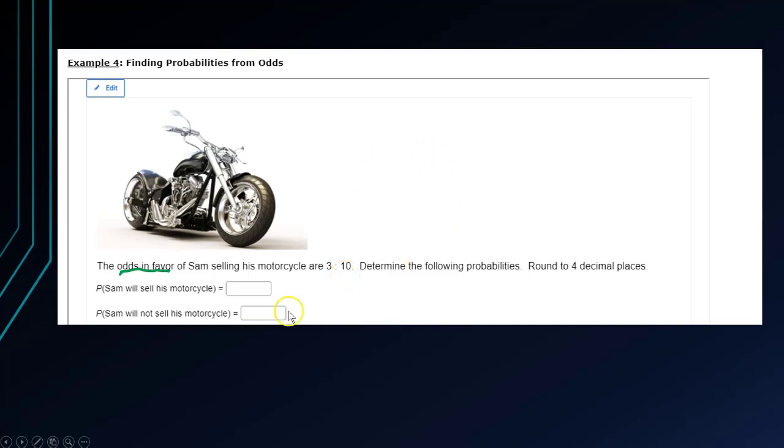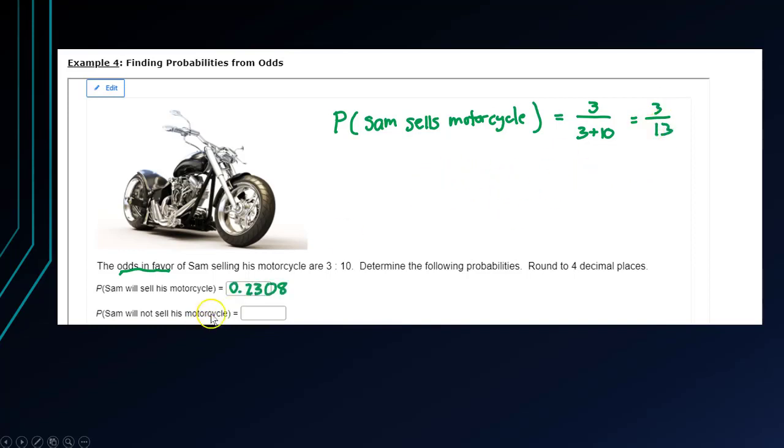So essentially the probability that he will sell his motorcycle, I'm going to have this being my numerator and the sum of those two being my denominator, which means I have a 3 out of 13 chance of him selling his motorcycle. 3 divided by 13 is 0.2308. Now I could go into a lot of calculations here, but it says the probability he will not sell his motorcycle.